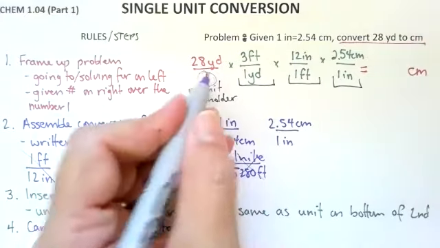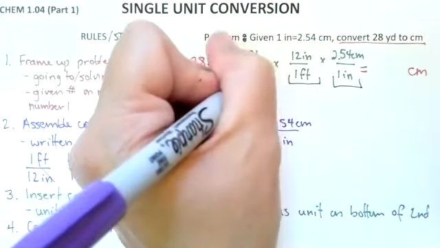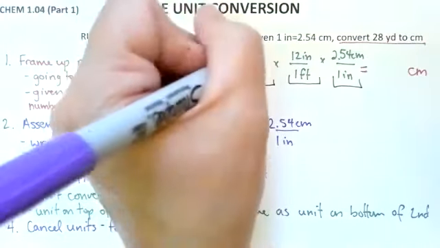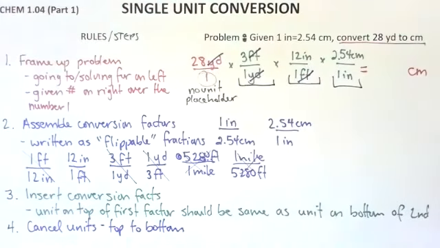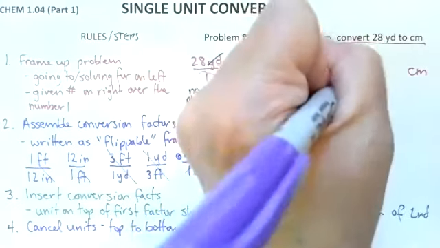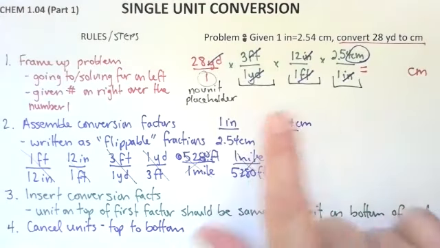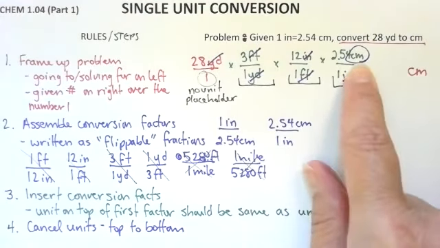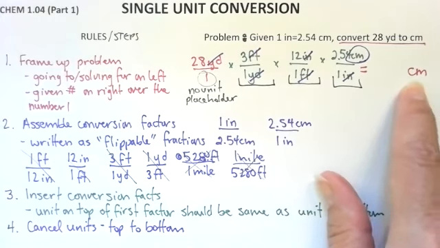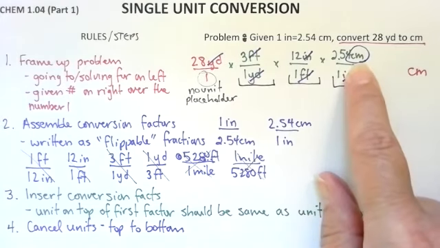So here we go. Yards cancels, top and bottom. Feet cancels. Inches cancels. And my last unit standing is centimeters. Now, one of the reasons you framed up your problem is when you're done, the last unit here should match the unit you're solving for, and ours does. All right, so we're looking good so far.